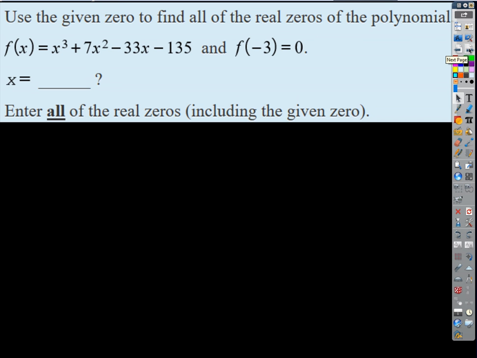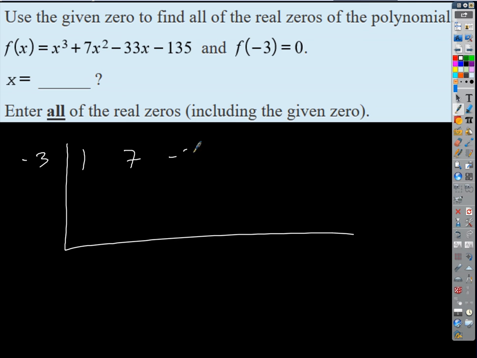Synthetically, and whatever I get back, if I know that that's a 0, I could do this pretty quick. If I know that that's a 0, then I know that I'm gonna get no remainder. So I could just go negative 3, 1, 7, negative 33, negative 135.